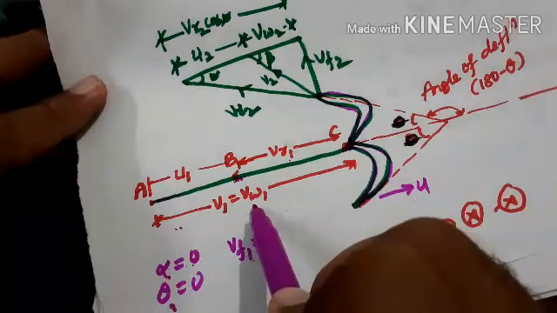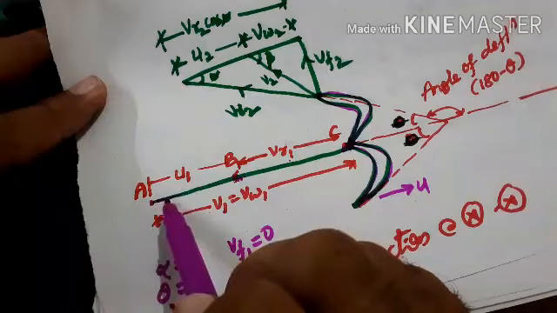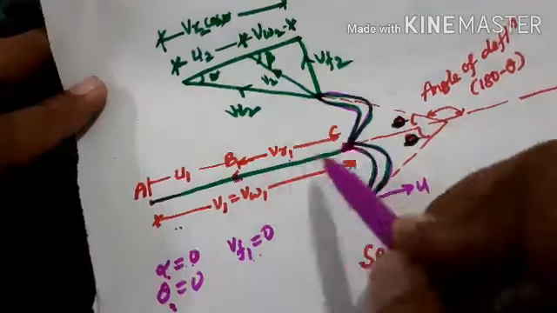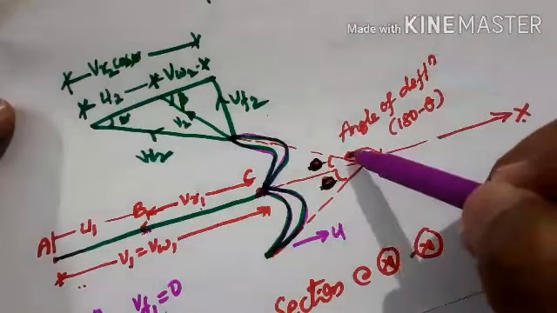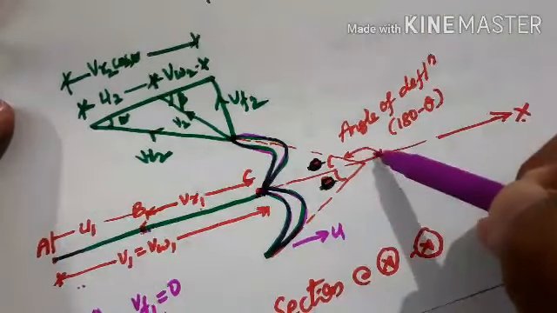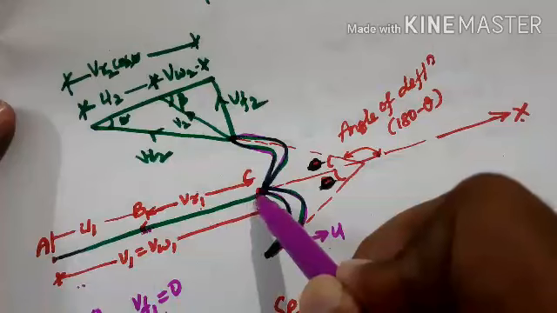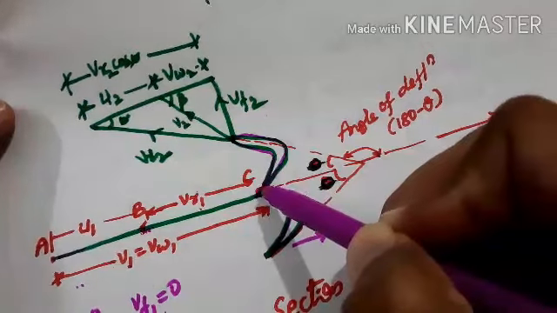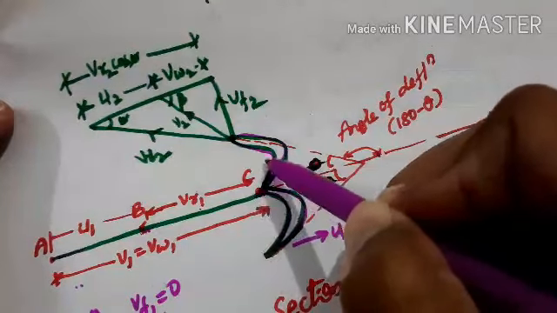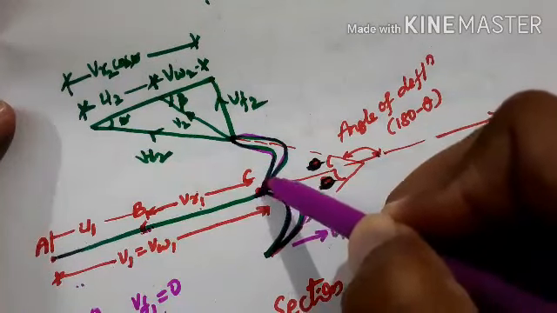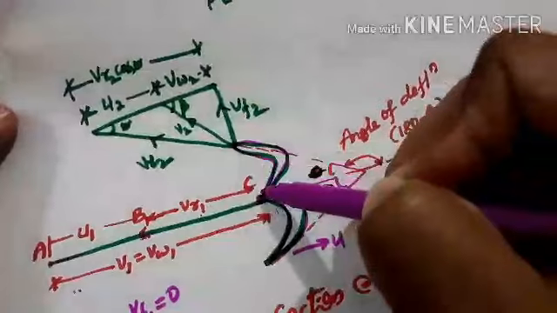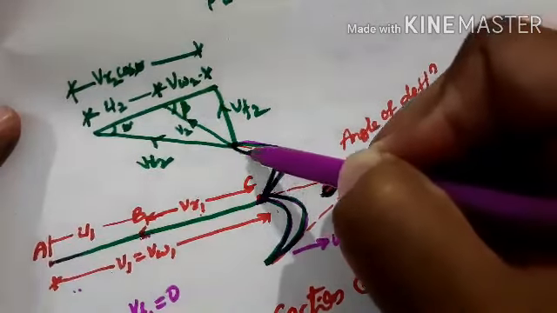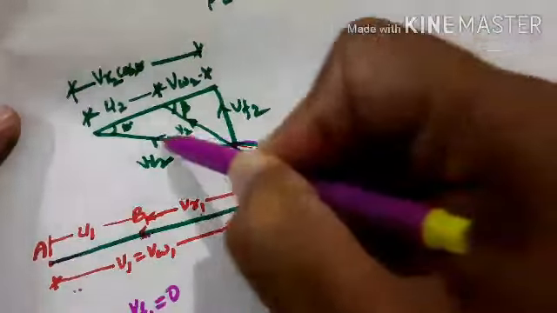This V1 is equal to VW1 here, and AB is U1 and BC is VR1, and this represents the angle of deflection here. So after striking the jet at the center, it gets split into two parts equally. Then it will glide over the surface of the vane, and it exits.